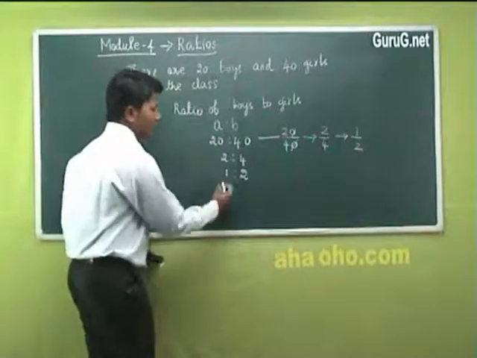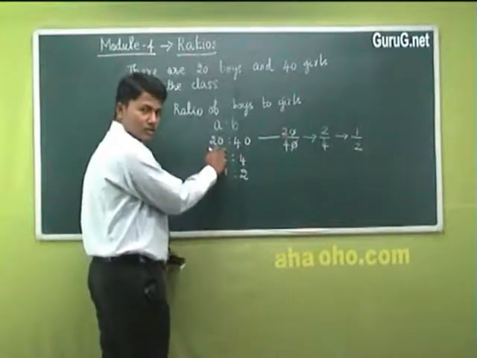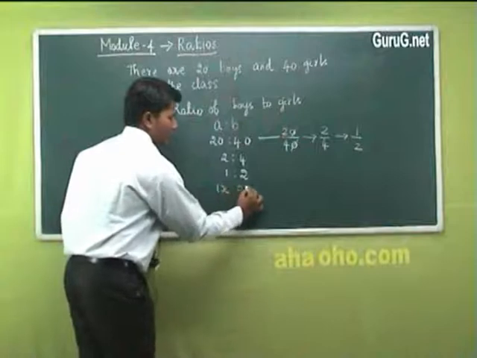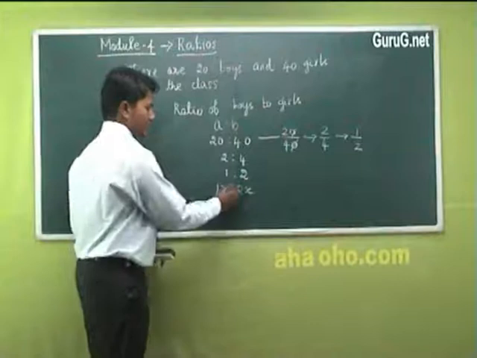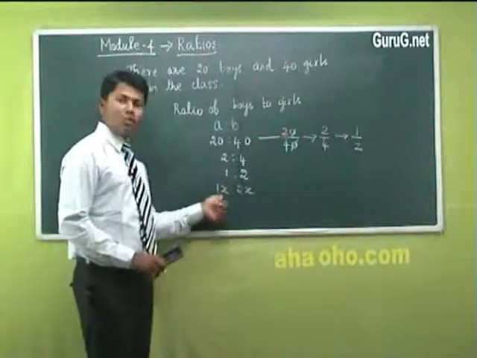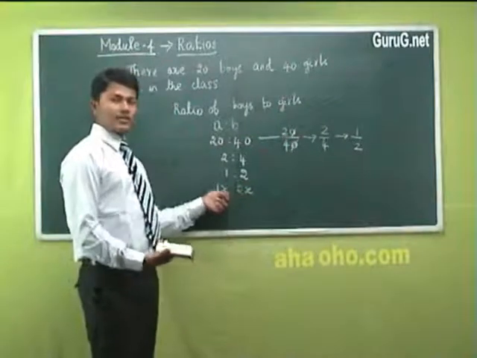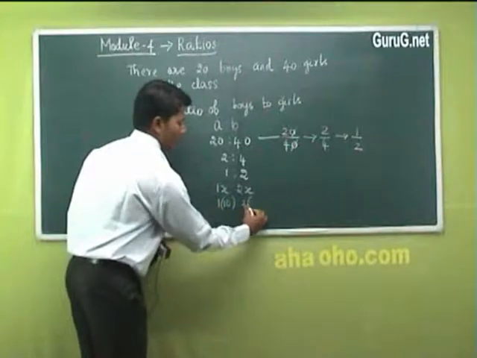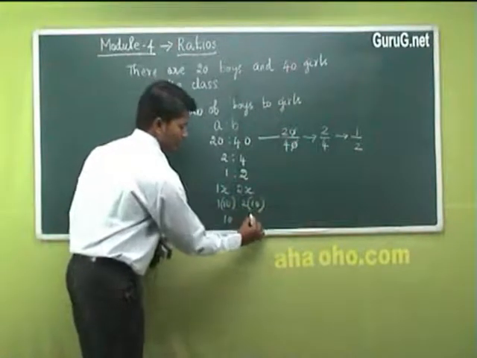From this you can understand that any numbers you derive from 1 is to 2 are in the form 1x is to 2x. The number of boys can be 1x and the number of girls can be 2x. What is this x? If x is 10, what is the number of boys then? 10. What is the number of girls? 20.